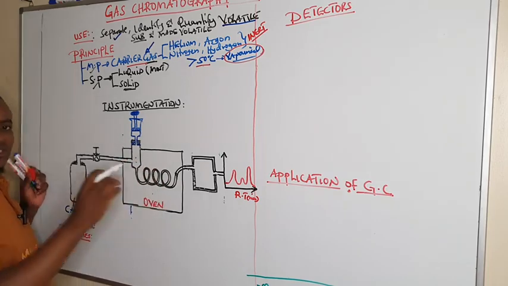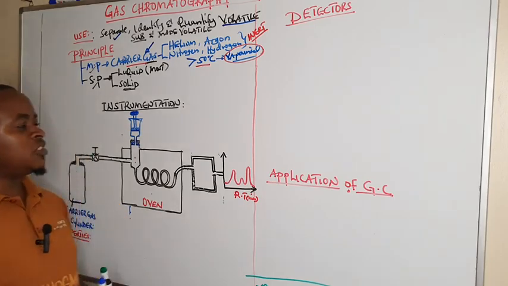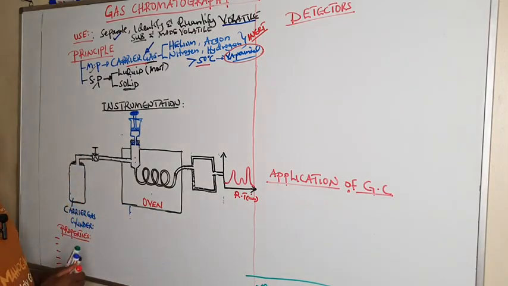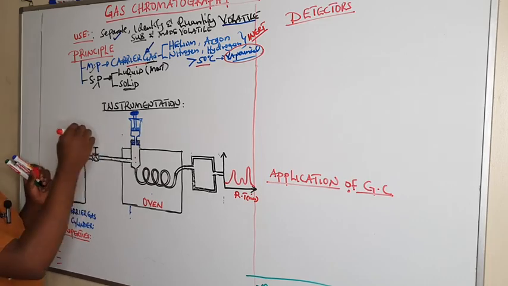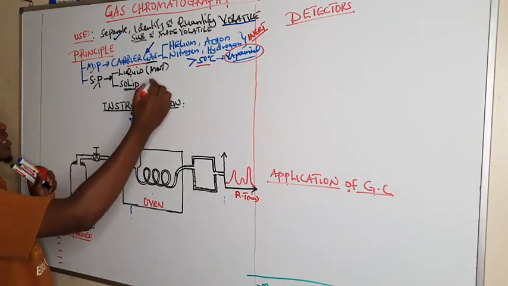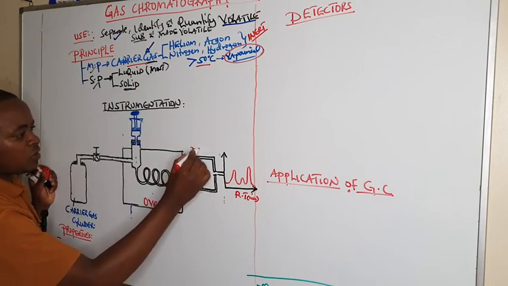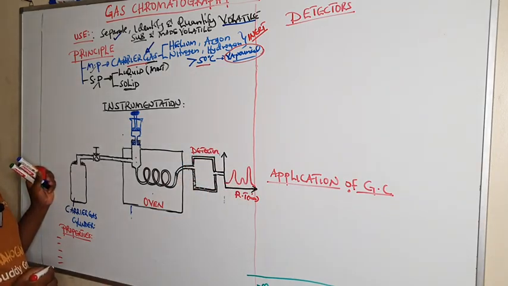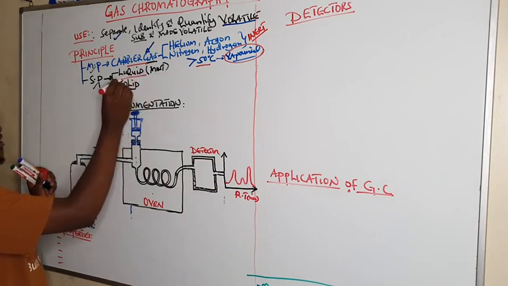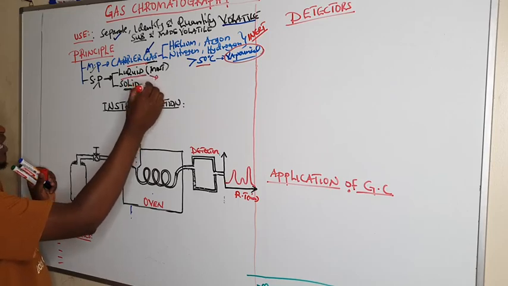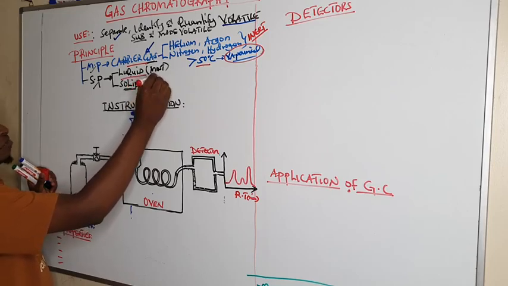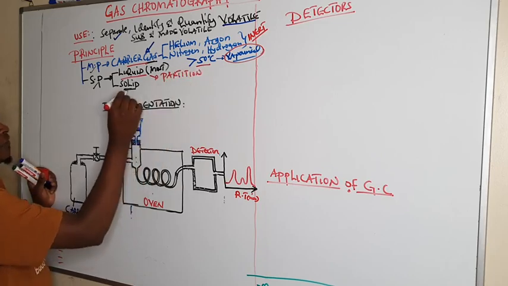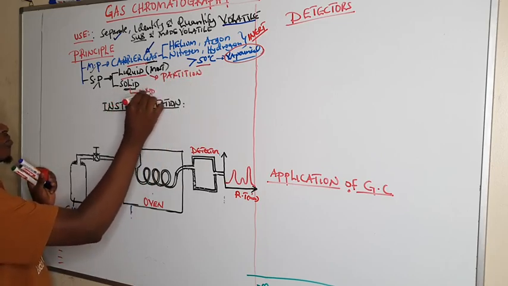This coiled column contains the stationary phase, and this stationary phase can either be a non-volatile substance or it can be volatile, and we are going to see that substances which are volatile are going to be eluted faster and will go into the detector system, whereby they will be displayed on the recorder. So if the stationary phase we are using is a liquid which is non-volatile, the way of separation is going to be partition, but if it is a solid, the separation is going to be by adsorption.